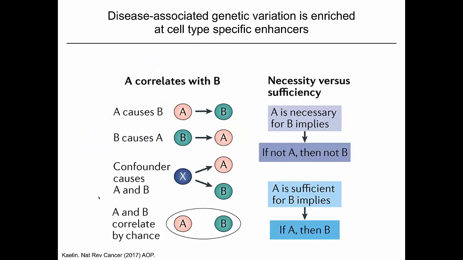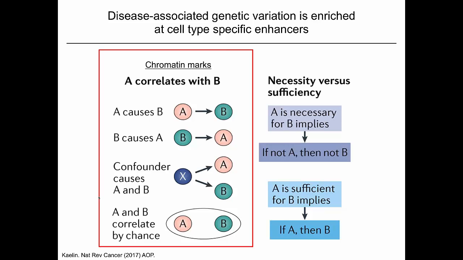But this is a slide I took from a recent review by Bill Kaelin, where he was critically evaluating cancer target discovery, but I think many of the same issues are relevant as one tries to assign function to the genome. That much of the data, for example, regarding chromatin marks at regions of the non-coding genome are essentially correlative with genetic variants linked with disease.